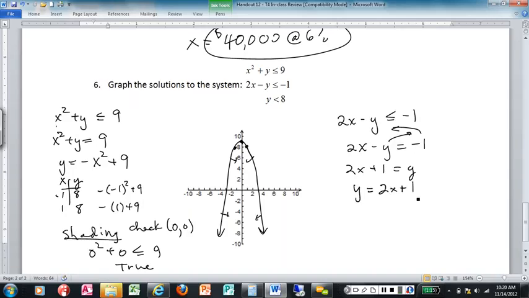That's a y-intercept of 1. Slope of 2, so rise 2, run 1. It's my y-intercept. It's my slope, 2 over 1. That's what I did. So there's my line. And I am drawing these solid because I have the equal to part.